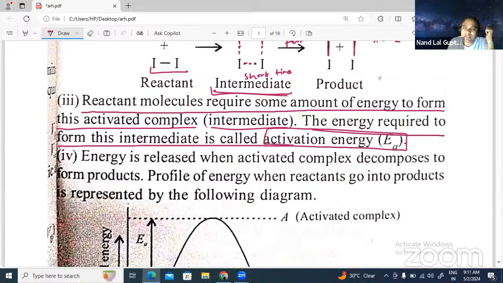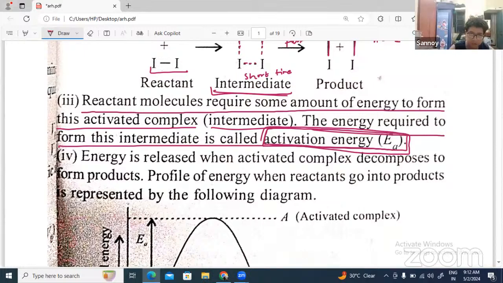So activation energy is the minimum amount of energy required by the reactant molecules to form the activated complex or intermediate. Please note this point. What is the activation energy? This is the minimum amount of energy required to form the activated complex by the reactant molecules. Is it okay?